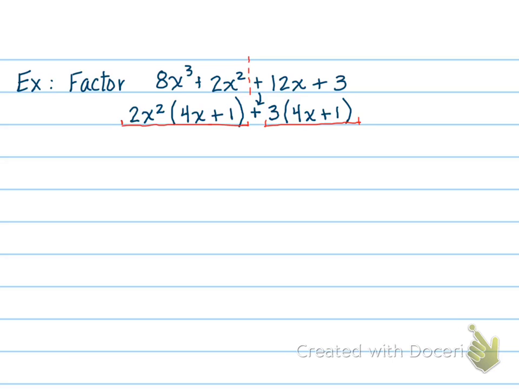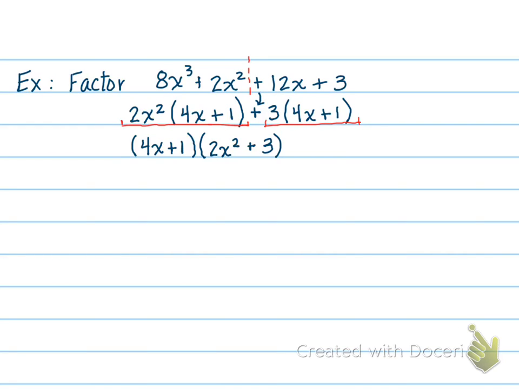So we will bring 4x plus 1 out. Taking a factor of 4x plus 1 out of the first term leaves me with 2x squared. I have addition between my terms. And taking a factor of 4x plus 1 out of the second term leaves me with 3.